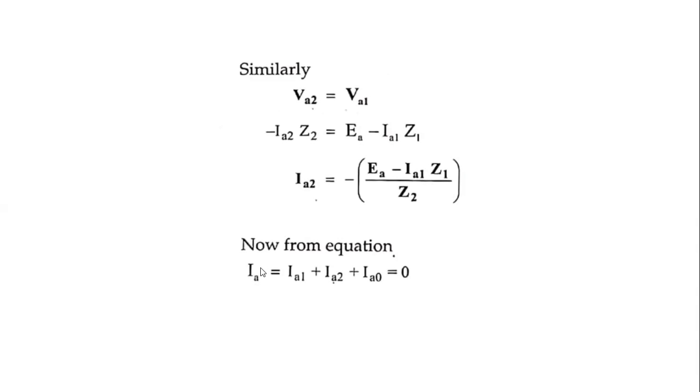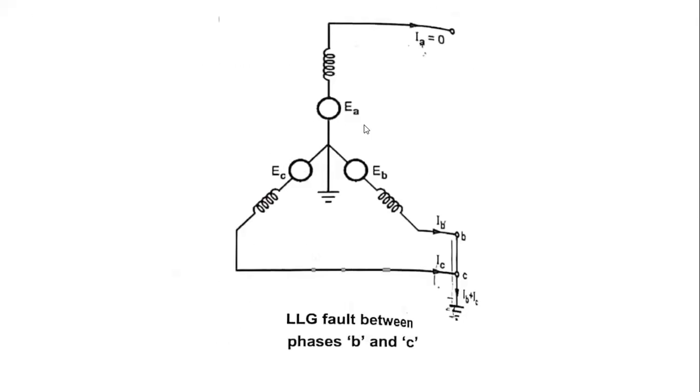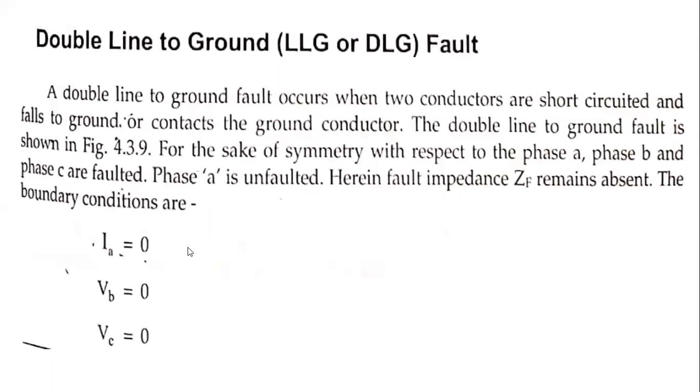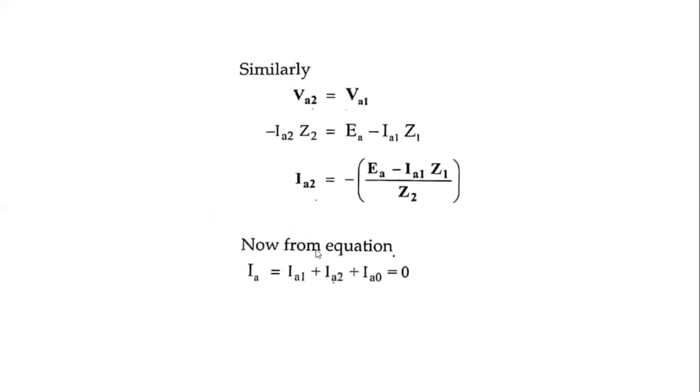Because the A phase is open circuited. Therefore, the current flowing through the A phase is equal to 0. We are substituting in this equation, IA value is equal to 0.